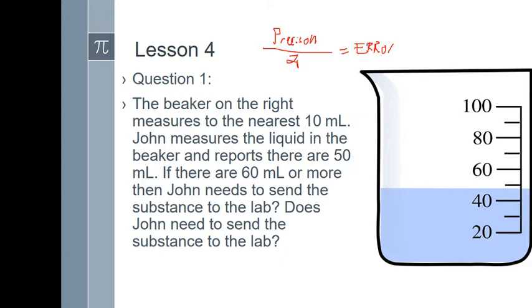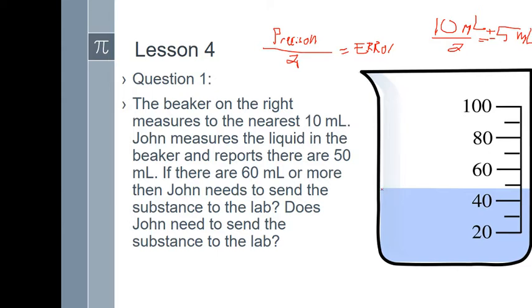In this case, the level of precision is to the nearest 10 milliliters. So if I take 10 milliliters and cut it in half, then we can see that this measurement is really only precise to plus or minus 5 milliliters. Any reported measurement that I make has that level of possible error.